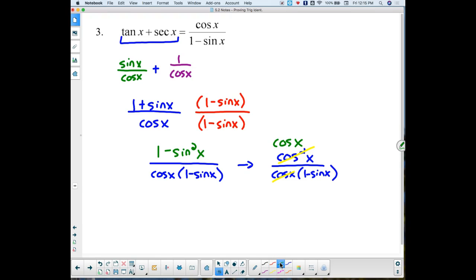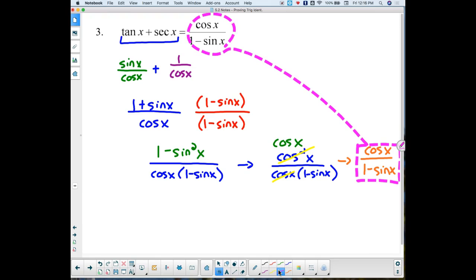Leaving me with cosine of x on top, correct? Which is cosine of x over 1 minus sine of x, which is what I needed it to be. Thanks for playing along.